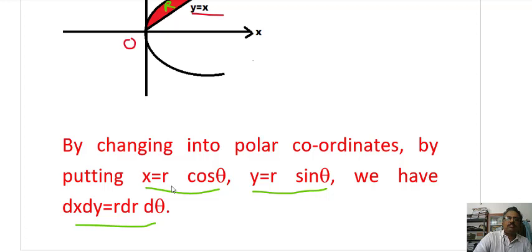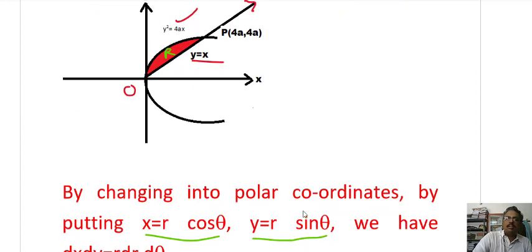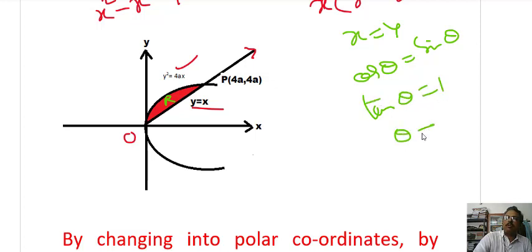Now equating x equals to y, r cancels, then cos theta equals to sin theta, that is tan theta equals to 1, which means theta equals to pi by 4. So this straight line is nothing but theta equals to pi by 4.